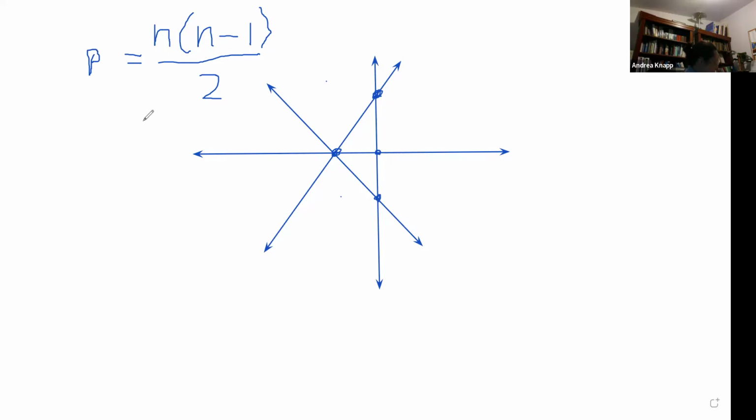If I look at that chart, and I'm looking at the answer key now just so I can get some examples, 3 lines could get me 3 points.